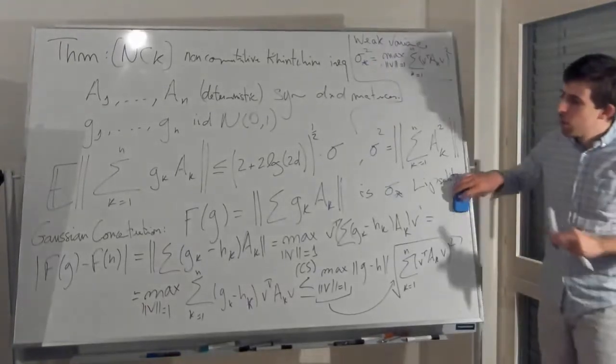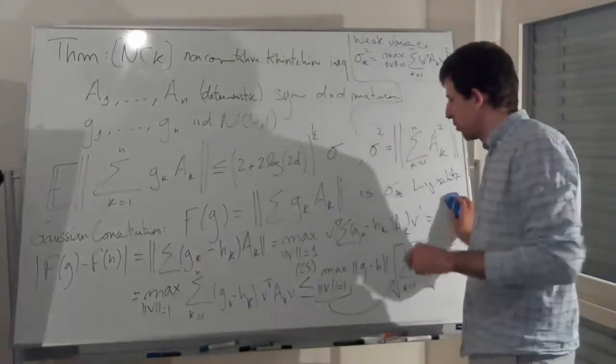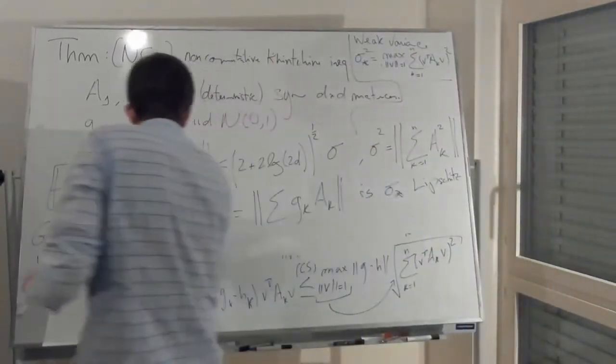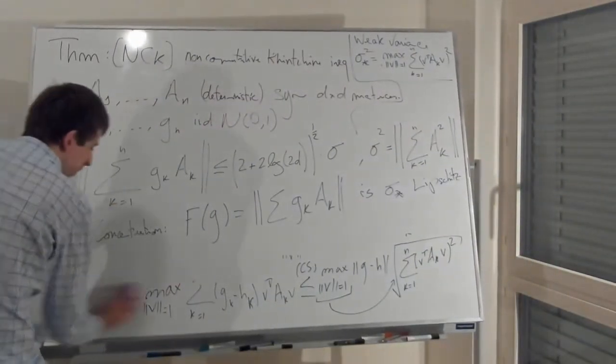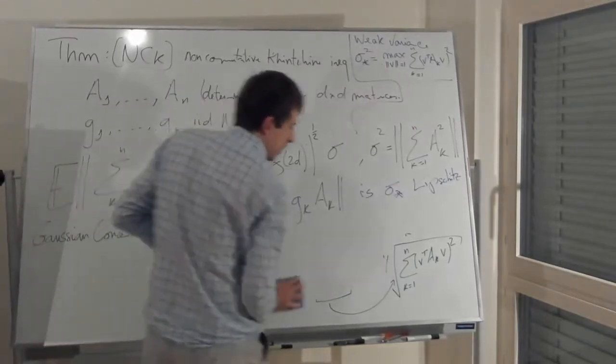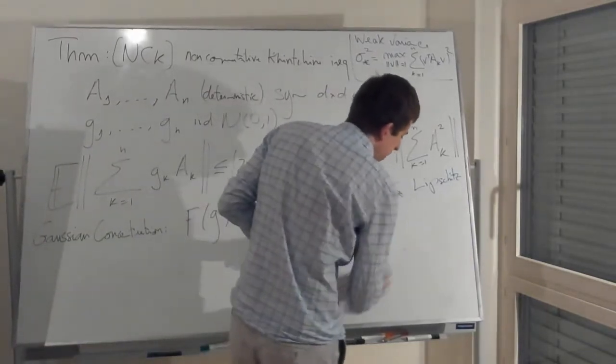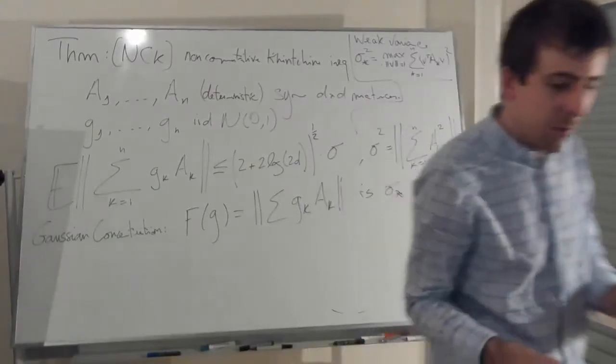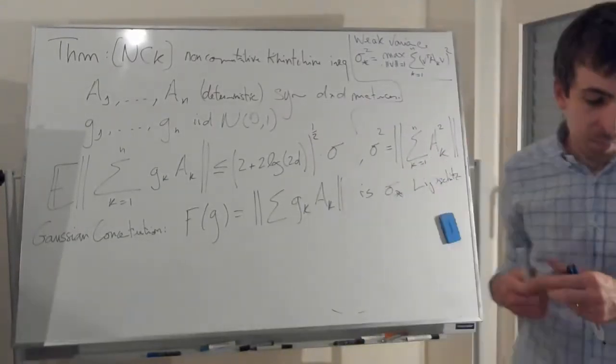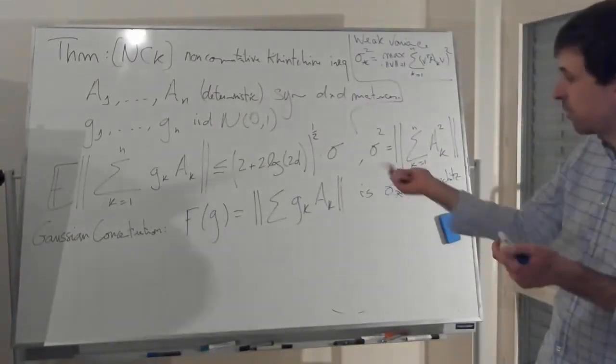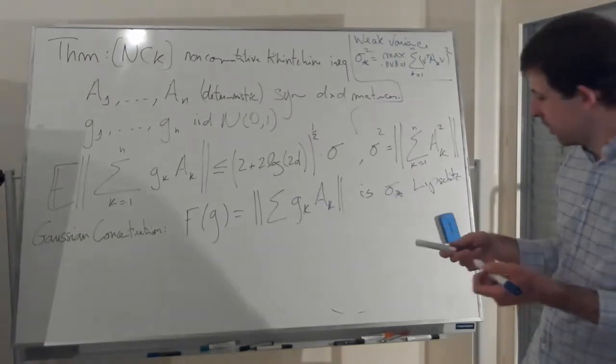Okay, so now that we have this, let's use the Gaussian concentration. What do we get? We immediately get a bound on the spectral norm of the Gaussian series.